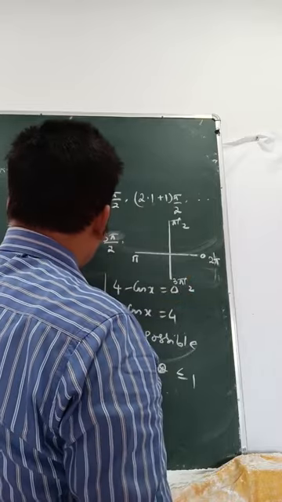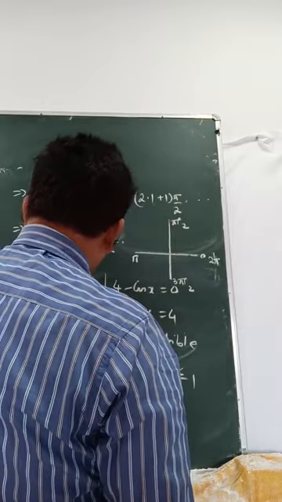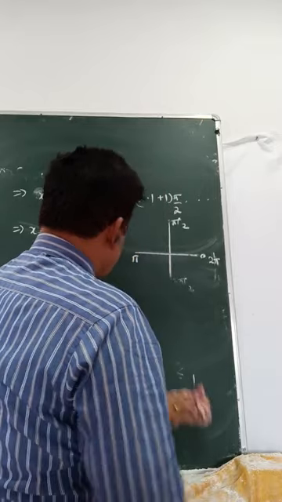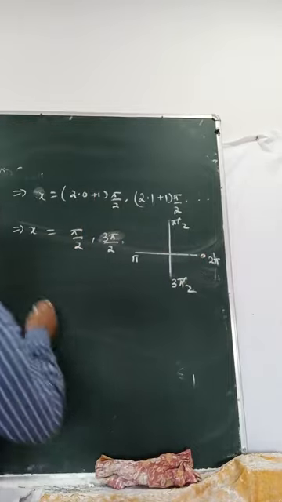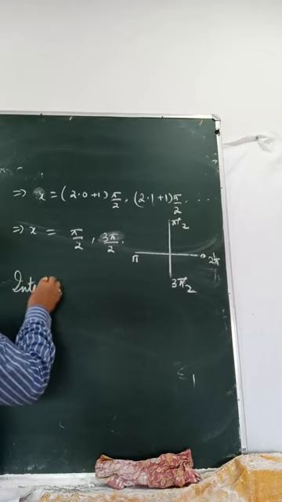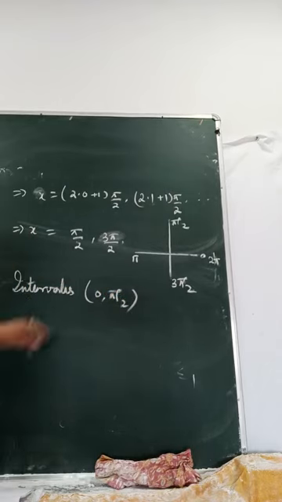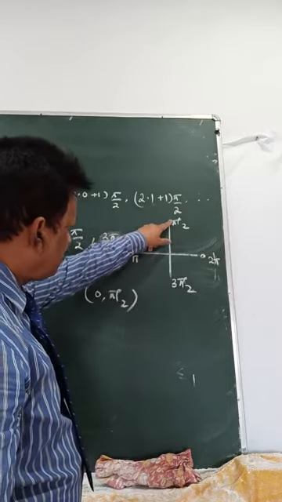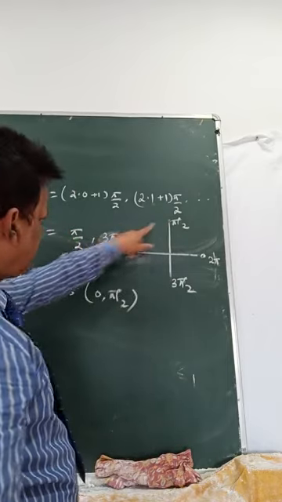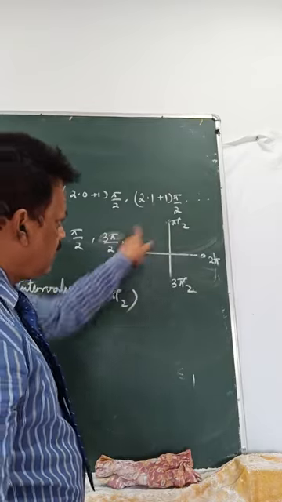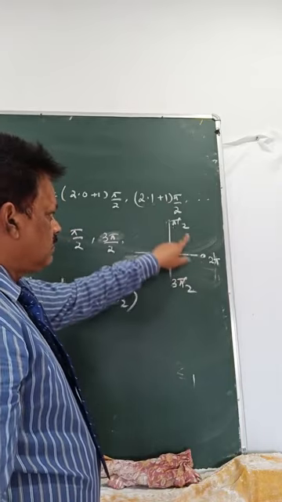The points you have taken are pi by 2 and 3 pi by 2, so the first interval will be 0 to pi by 2. The other one is pi by 2 to 3 pi by 2. Further repeats will not count, because I have taken only one period.